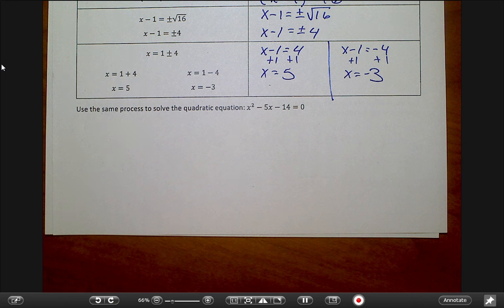Same numbers, but you're going to use b divided by 2 squared. So would this right here be 2 or 5? 2. Because it's always 2.